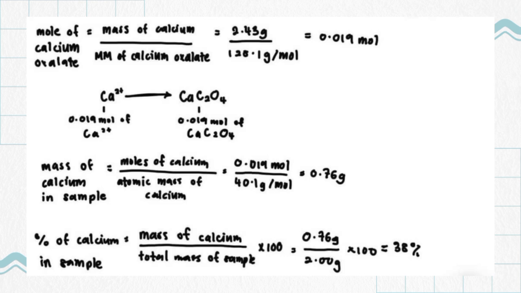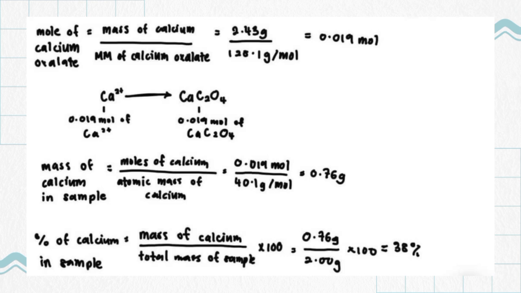Each formula unit of the calcium oxalate contains one atom of calcium. Therefore, the moles of calcium are also 0.019 mole. The atomic mass of calcium is 40.1 gram per mole. Hence, the mass of calcium in the sample is 0.019 mole times 40.1 gram per mole equals 0.76 gram.